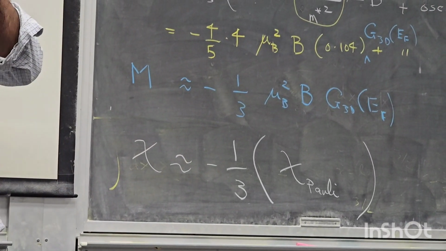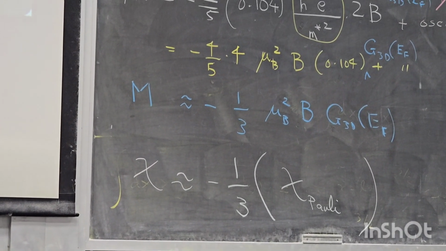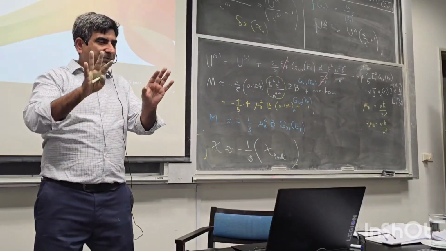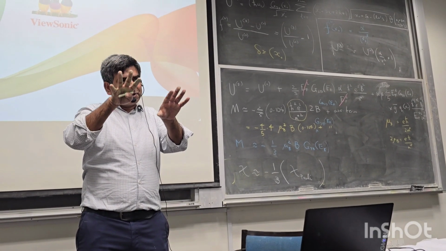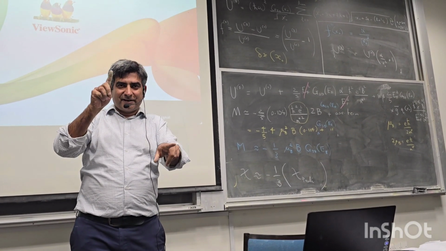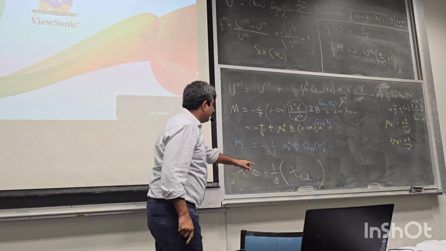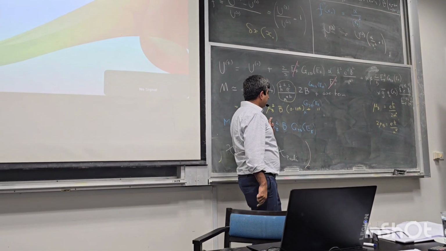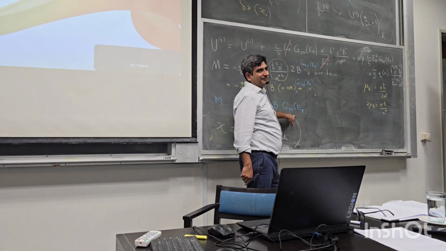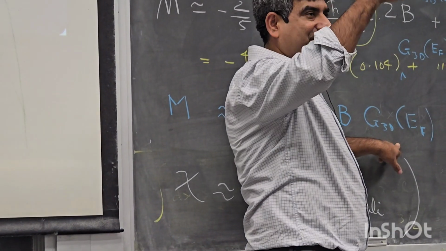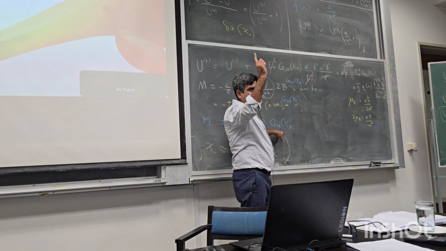Remember the spin split bands? You have two kinds of spin. You impose a magnetic field, then those electrons shift in energy and create magnetization, a susceptibility which is given by mu B squared times 3 over 2 n over EF, from one of our previous lectures.